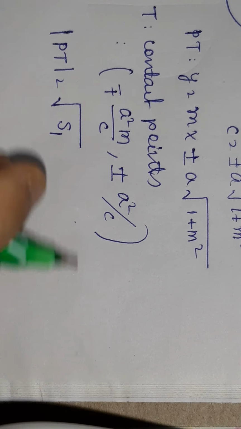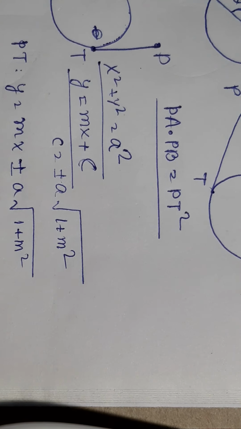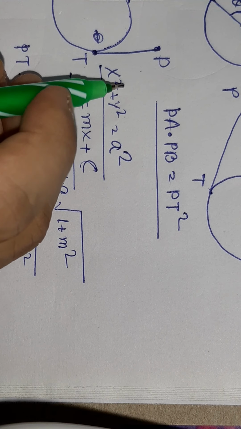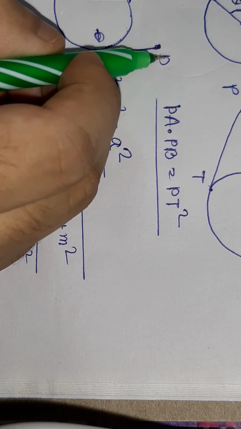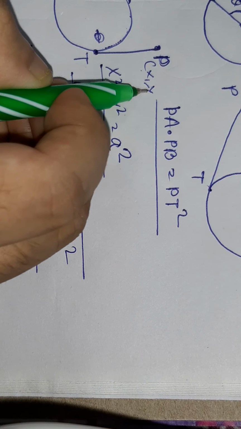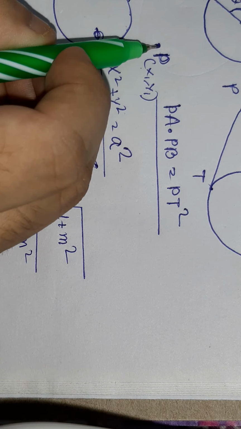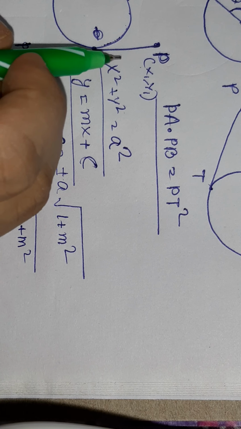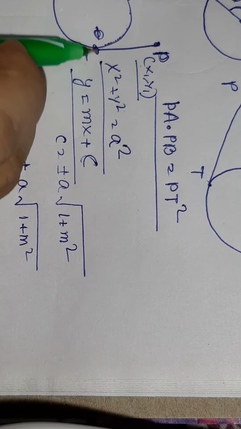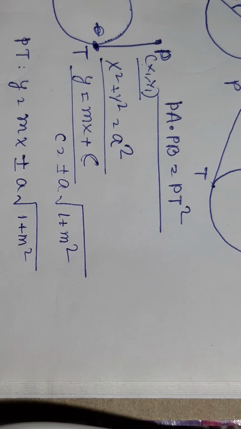And what is S1? S1 is based on the point from which the tangent line is generated. If we consider the coordinates of P as x1 and y1, this tangent line is generated by this point and terminated at T, so the tangent line is PT.